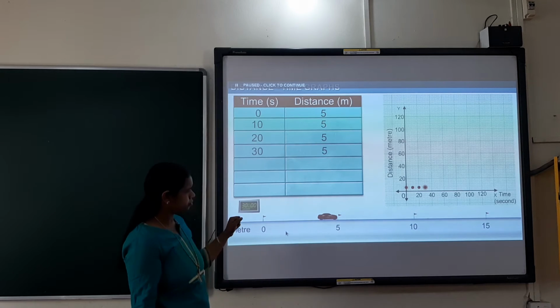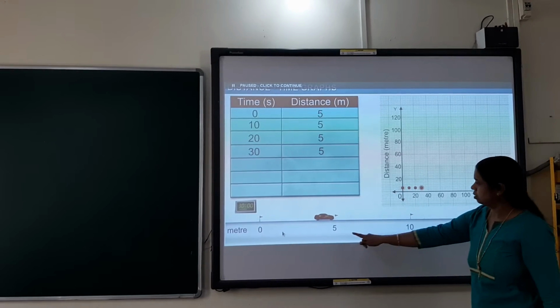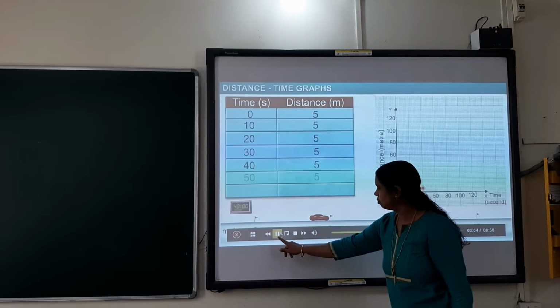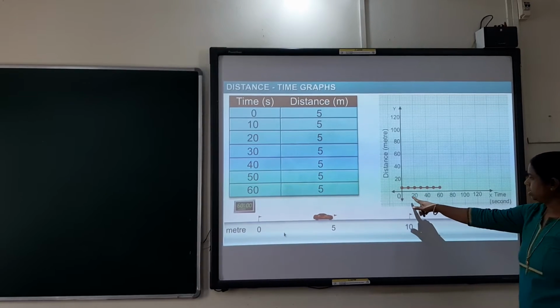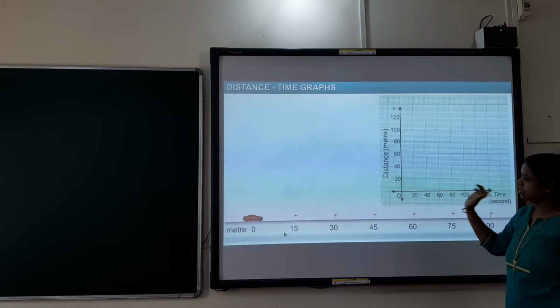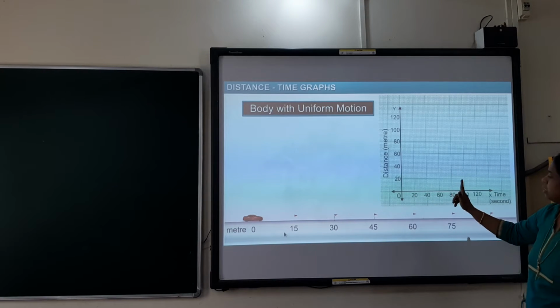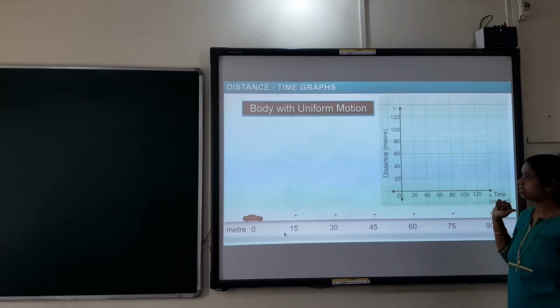And then now we can plot the points here. Now the body is at a 5 meter distance, always. Therefore the distance-time graph is a line parallel to the x-axis.